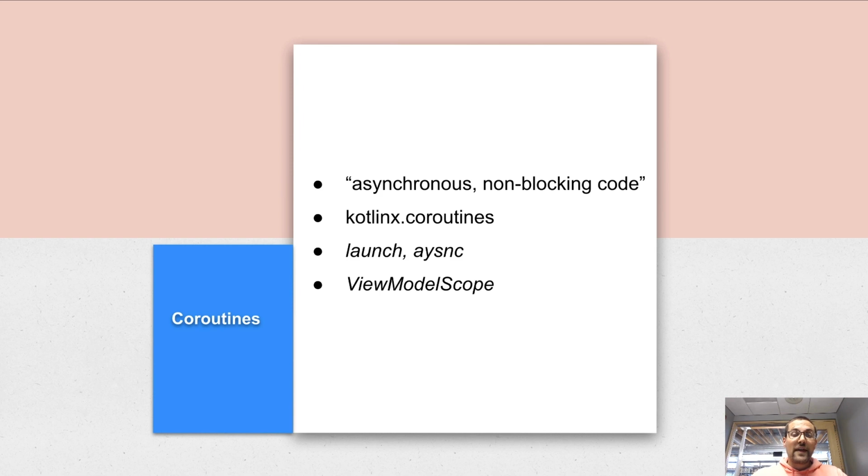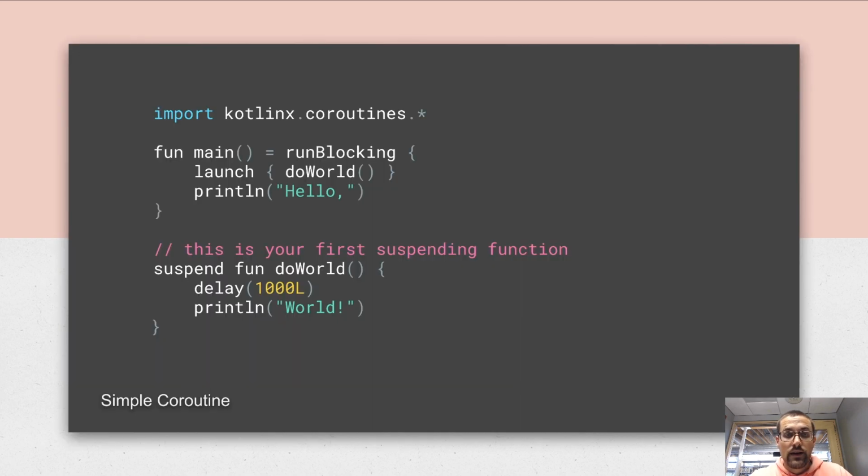An example of that is the new viewModelScope that was released recently for Android architecture components, which is a nice integrated way to help us launch these coroutines and then clean them up, which we'll take a look at later on in this slide deck.